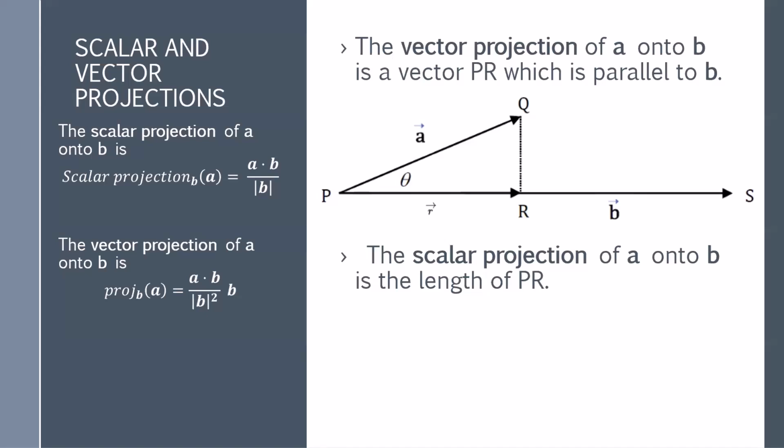The vector projection of A onto B is the actual vector R, not just the length of R, and it's given by A dot B over length of B squared times vector B. So the scalar projection is a number indicating the length. The vector projection is an actual vector.